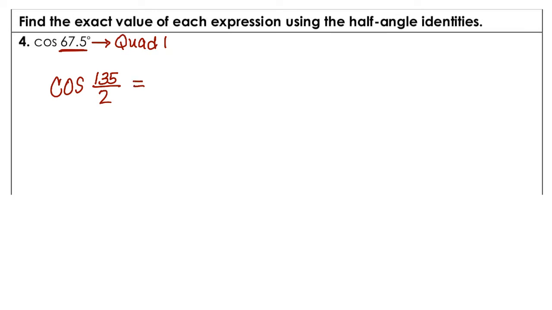So when we go to plug that in, using your formula, the formula says cosine of theta over 2 is equal to plus or minus the square root of 1 plus cosine theta all over 2. This will be positive because it's quadrant 1.